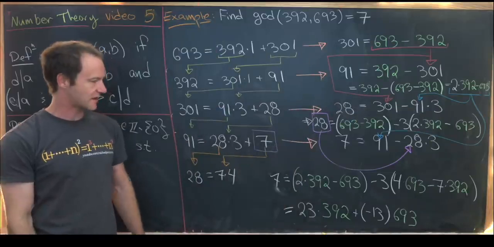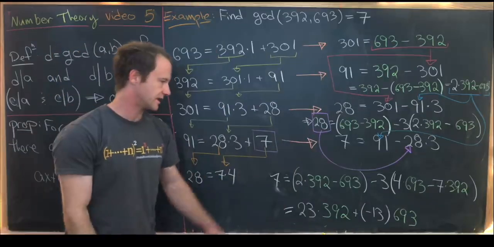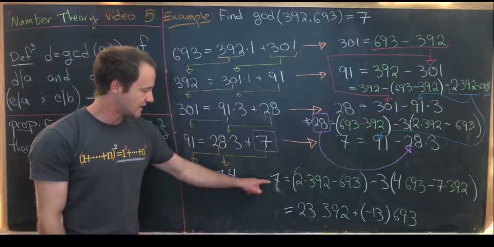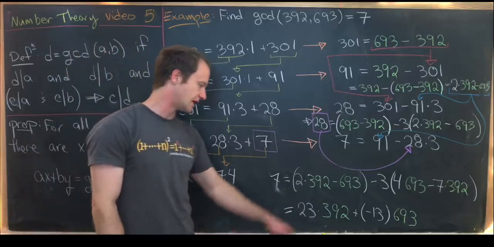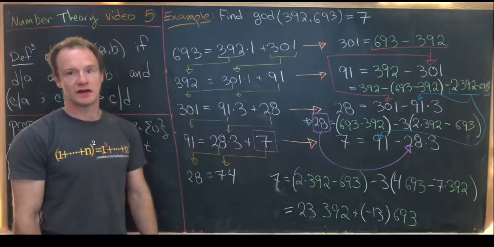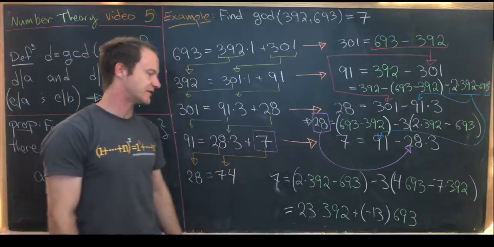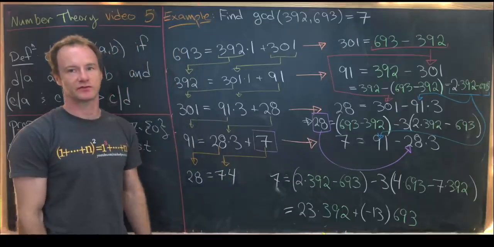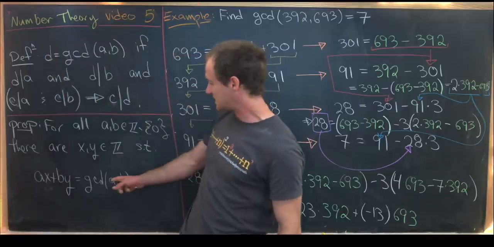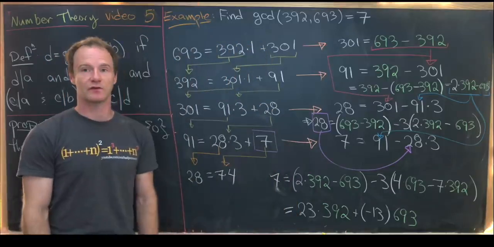Okay, so after all that substitution, we end up with the following calculation. In the end, we have 7 is equal to 23 times 392 plus negative 13 times 693, expressing the GCD as a linear combination like we had over here.